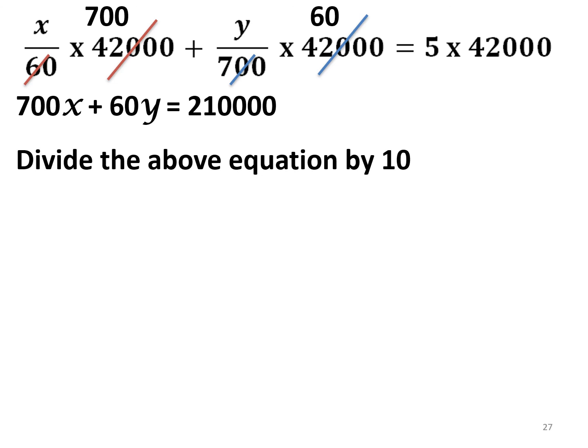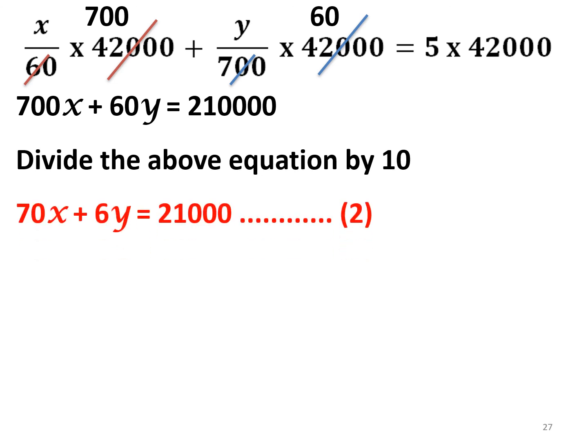Dividing throughout by 10, I get 70x plus 6y is equal to 21,000. This I give as equation 2. If you want, you can further reduce it, but I want to keep it as it is so that I can solve my first equation and second equation. So I'm leaving my second equation as it is.